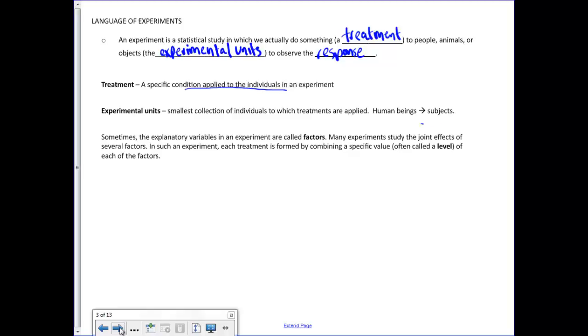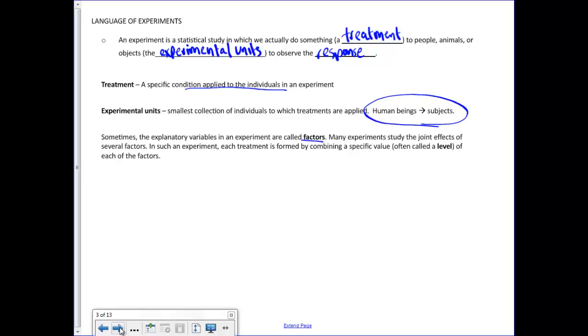And here, our human beings are called subjects. So if you have animals, they're experimental units. If we have plants, they're experimental units. If we're talking specifically about people, we call our people subjects. Just kind of differentiate there. And every now and then you're going to hear explanatory variables referred to as factors.